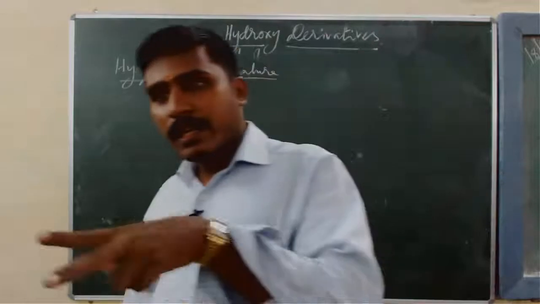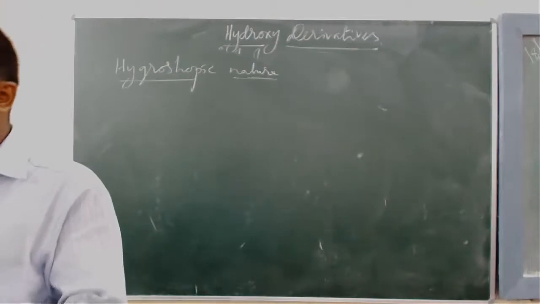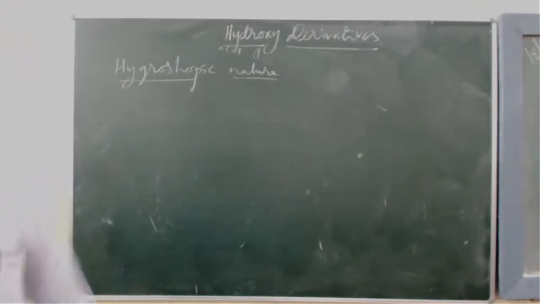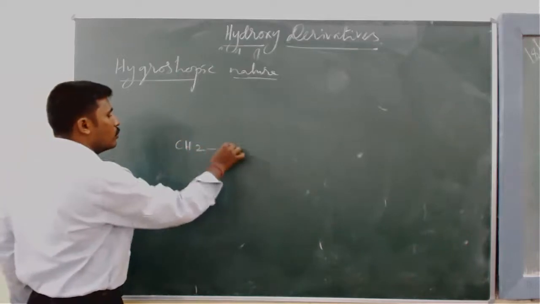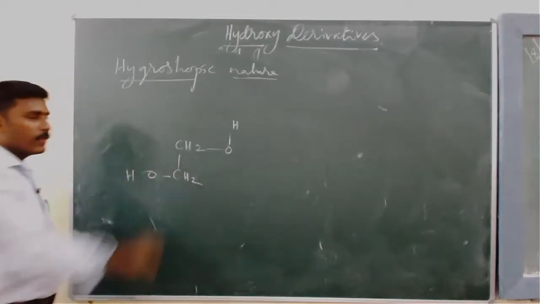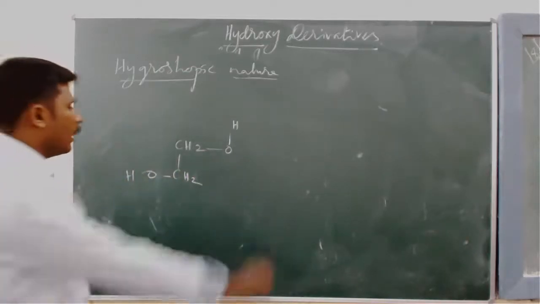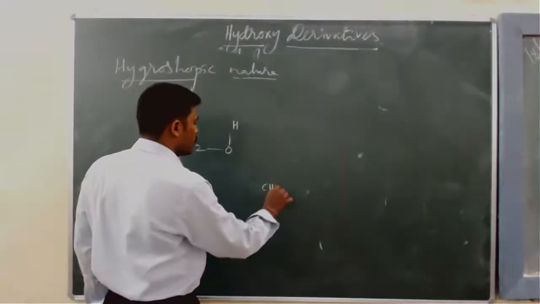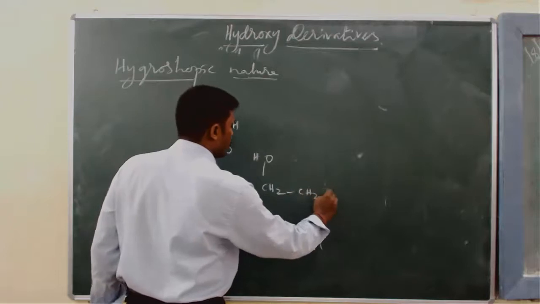So here ethylene glycol contains two OH groups, so easy to form intermolecular hydrogen bonding. Clear? So this is one of the ethylene glycol, CH2OH, CH2OH. Another ethylene glycol, CH2OH, CH2OH.